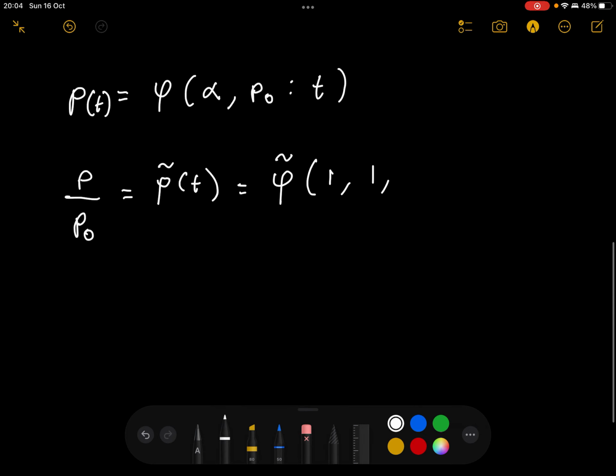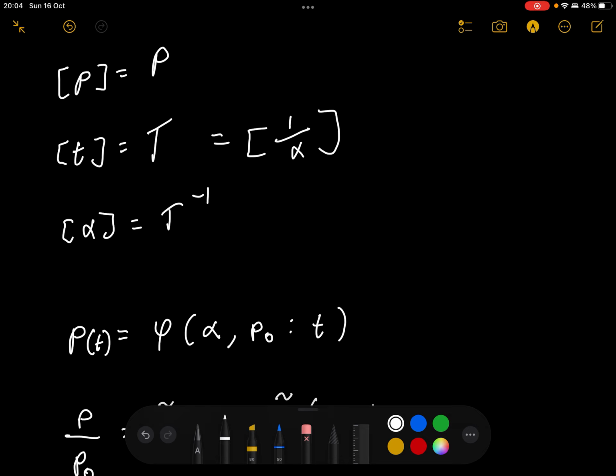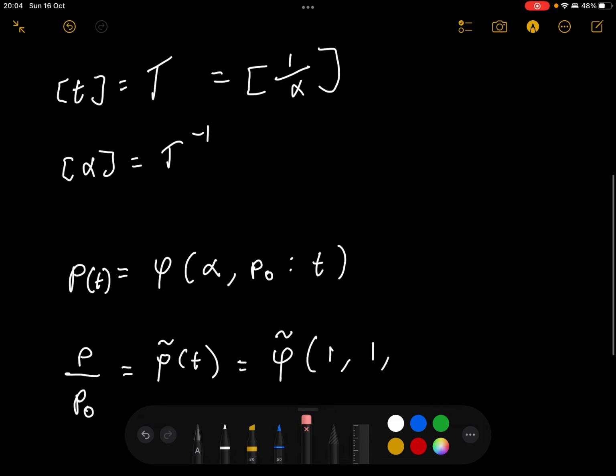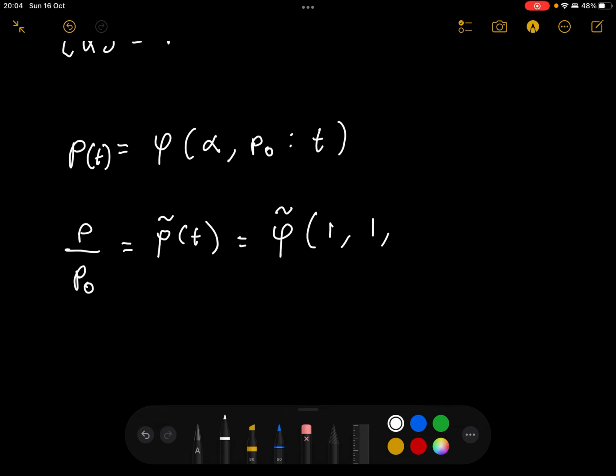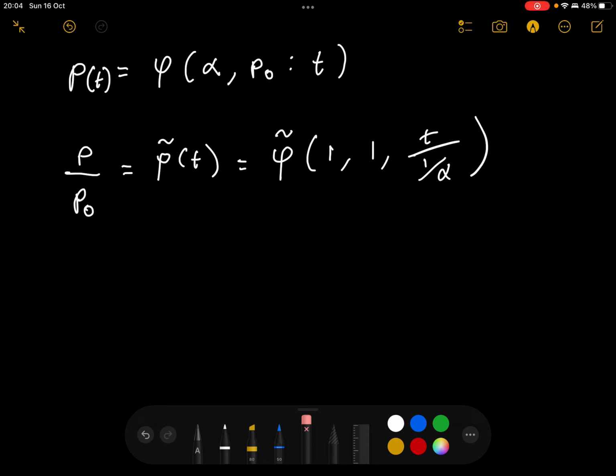But in the case of time, because we've noticed that time has the same units as 1 over alpha, we're going to divide time by 1 over alpha. Okay, now you notice that psi tilde only actually depends on this one variable. Or you could alternatively write it this way, alpha t.